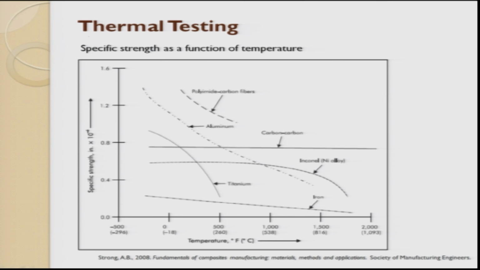If you see the thermal testing, you can see titanium, aluminium and Inconel with respect to temperature. It can go up to 1000 degrees, whereas when you take a polyamide or carbon fiber, you can see how the response is.